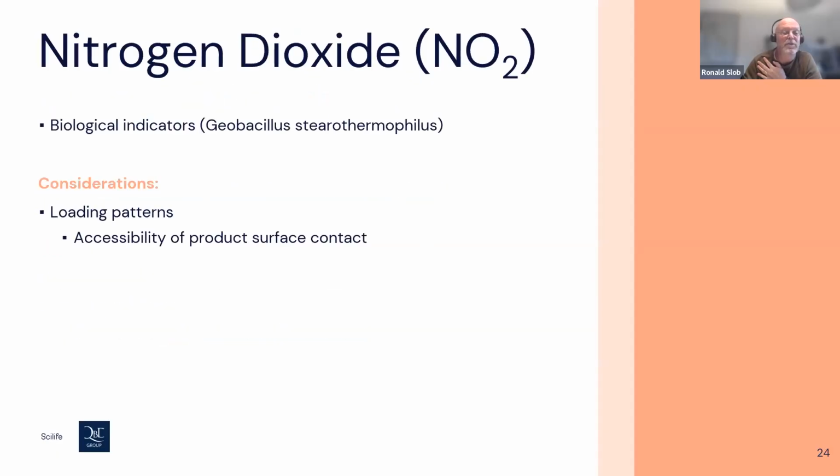And the nitrogen dioxide, I don't have too much experience with it, but it's the same kind of thing. You're using a gas. Be sure that when you have a loading pattern in there, the surfaces that you want to sterilize or decontaminate are accessible for the product itself.